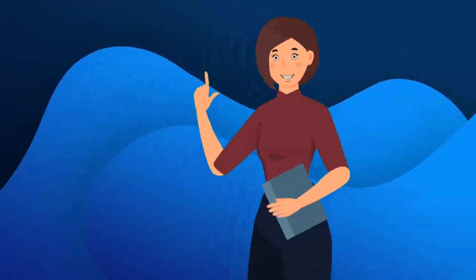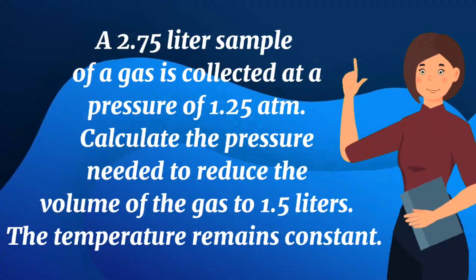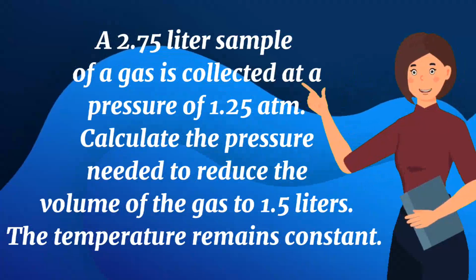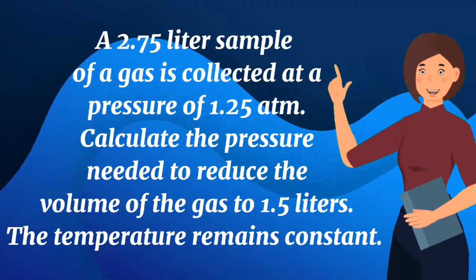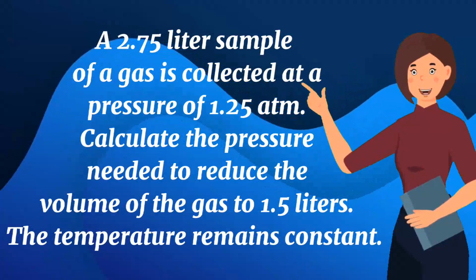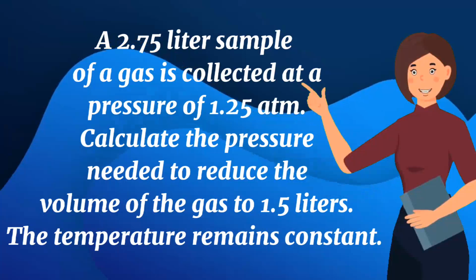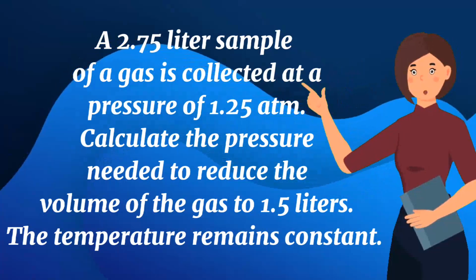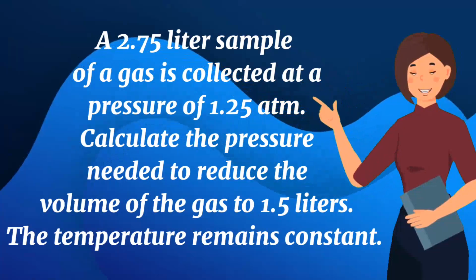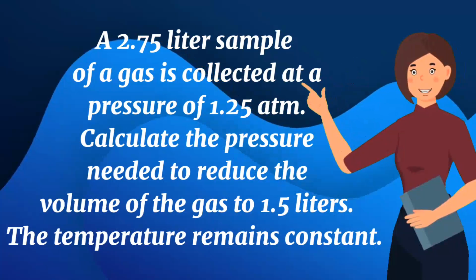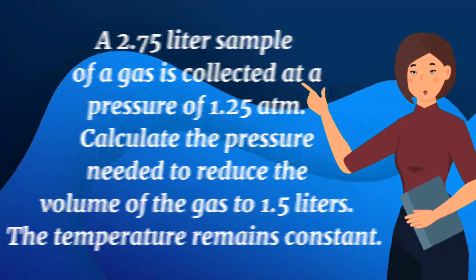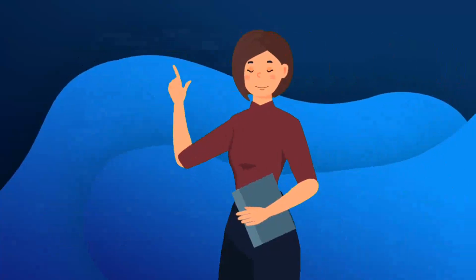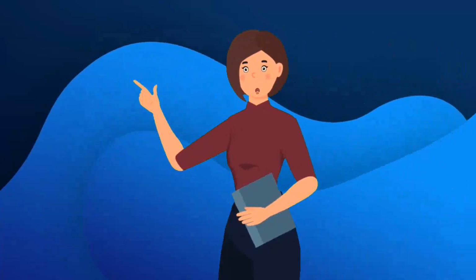Okay, here is another problem. A 2.75 liter sample of a gas is collected at a pressure of 1.25 atmosphere. Calculate the pressure needed to reduce the volume of the gas to 1.5 liters. The temperature remains constant. So again, we have to identify the given data.